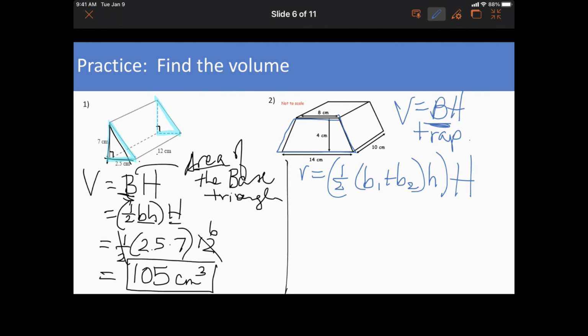Okay, so then we just substitute everything in. So base 1, it could be the top or the bottom. It doesn't really matter. Remember, this height is the distance between the heights of the trapezoid. Remember this two-dimensional shape we're just looking at. And the height of the prism is 10.